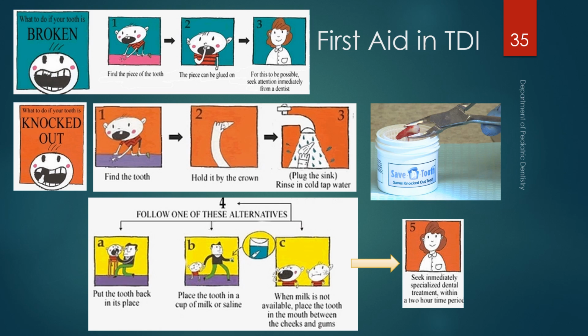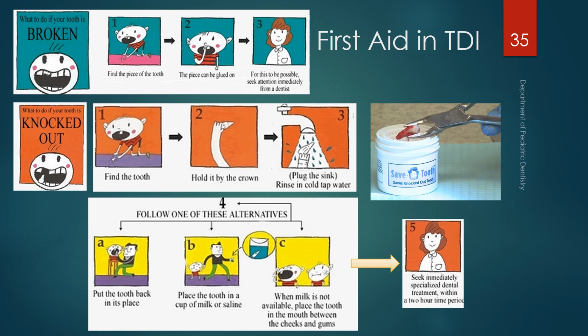If you have a broken tooth, find that piece of broken tooth, because we can put it back using the tooth fragment reattachment procedure. If the tooth is knocked out, you find the tooth, hold it by the crown, wash it under running water, and make sure that you plug the sink. Otherwise, if the tooth slips from your hand, it goes down the drain, and then we have another problem to look into.